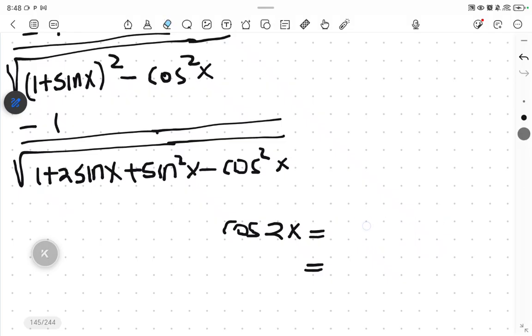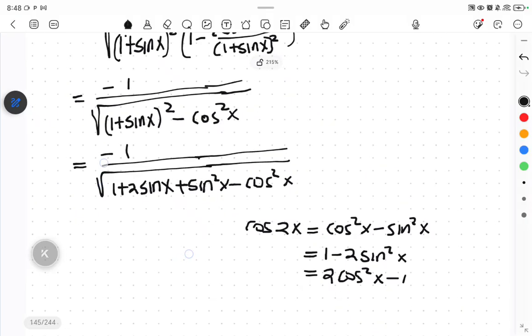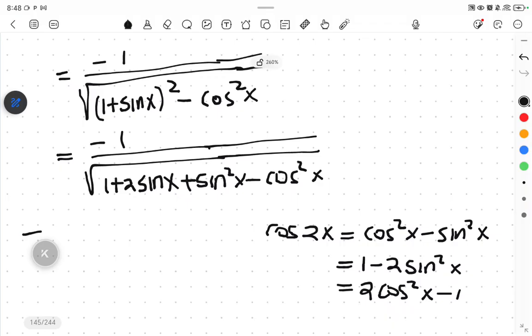So we know from the double angles that this is equal to cos squared x minus sine squared x, right? And this will be 1 minus 2 sine squared x, and this will be 2 cos squared x minus 1. So from here we can factor out negative on the denominator.